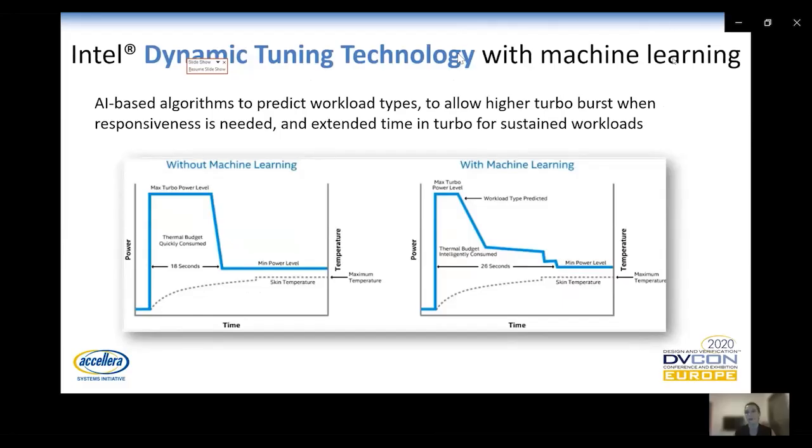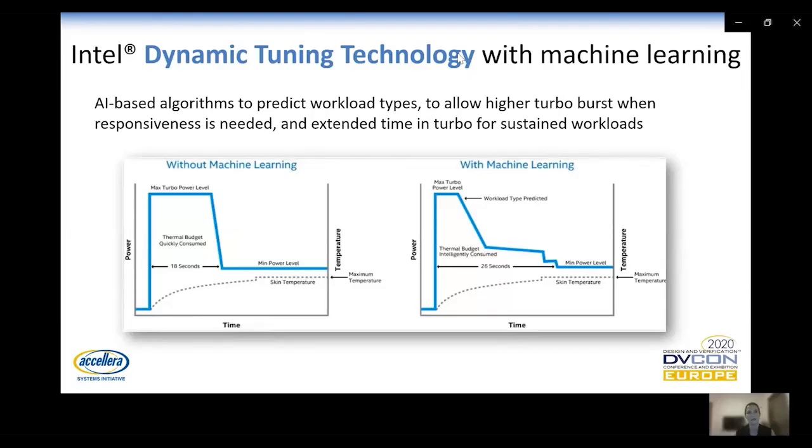The next example is an example of how Intel's CPU is actually using machine learning and AI. This is a capability that was released in the latest Intel generation, released to the market last year.